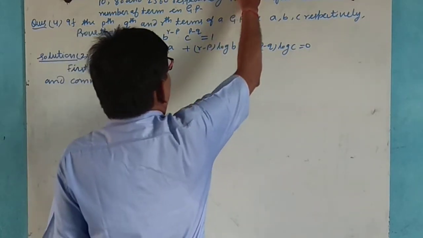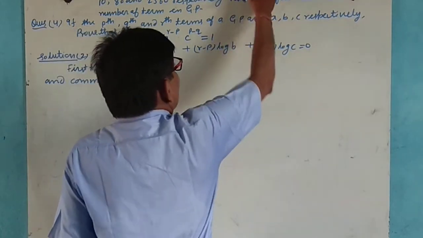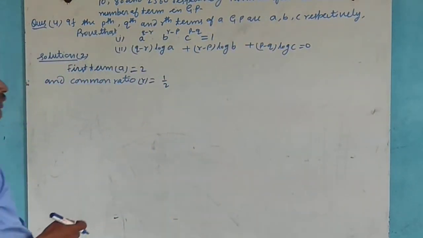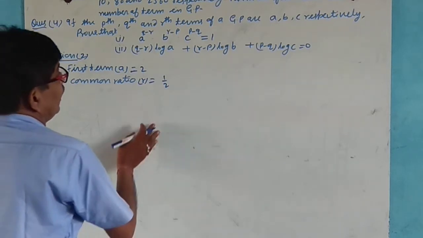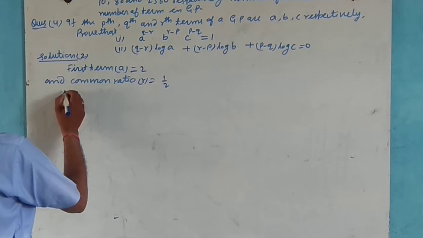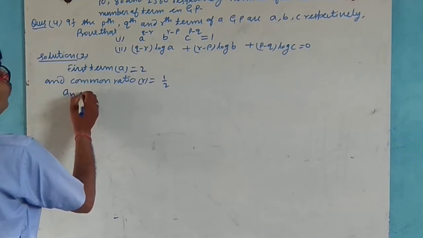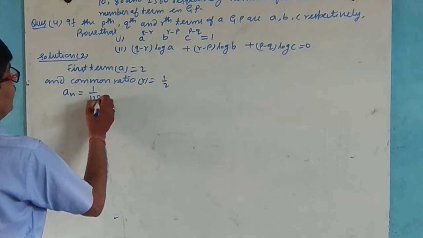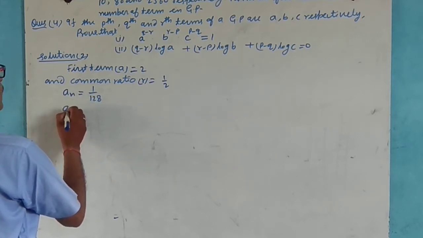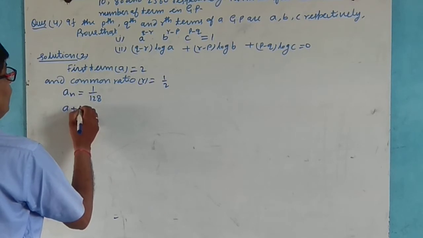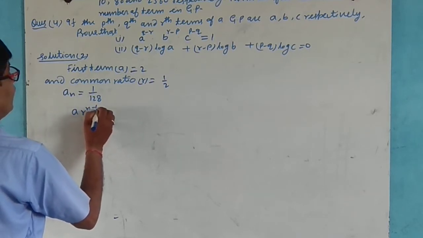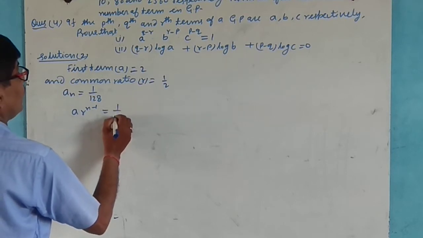Let us suppose that an equals 1 by 128, and an equals a r to the power n minus 1.